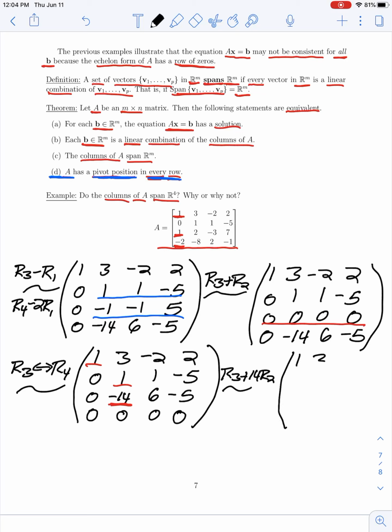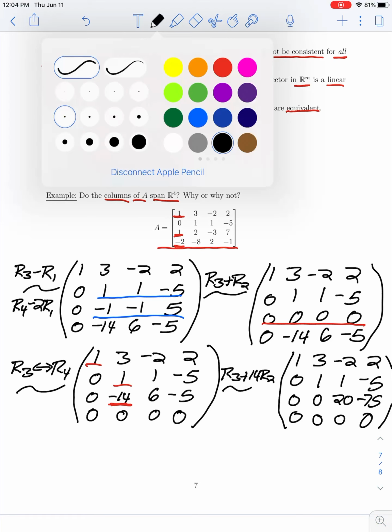So my first row is still 1, 3, negative 2, 2. Second row is still 0, 1, 1, negative 5. And for my third row, I will have 0, 14 minus 14 is 0, 14 plus 6 is 20, 14 times negative 5 is what? Negative 70 minus 5, so negative 75, and then a row of all zeros.